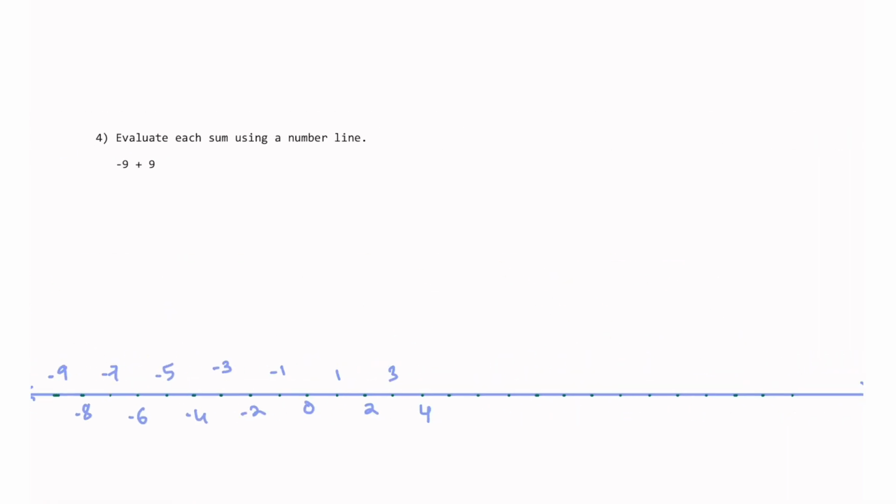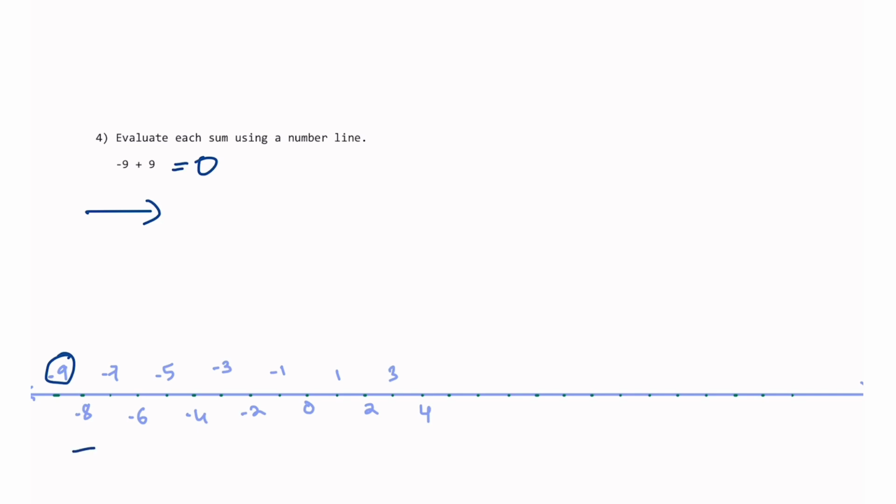So the next we have is minus 9 and 9. Based on the previous question, I'm sure you must have already thought that the answer for this should be 0, right? So let's confirm it on our number line. So we have minus 9 here. And because it's positive, right, plus 9, we will go to the right side 9, right? So let's start counting here.